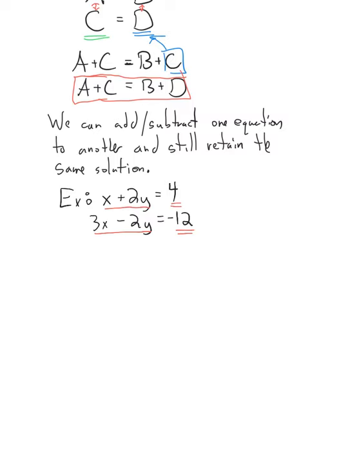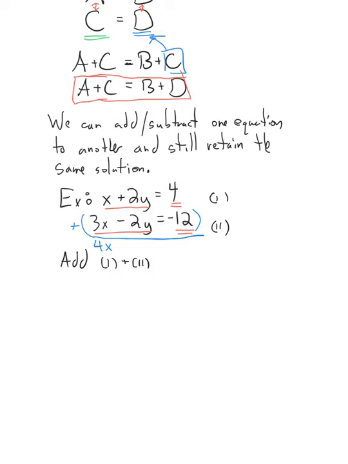So let's see what happens when I add, and again, let me label these. I'm going to add equations 1 and 2. So I get x plus 3x is 4x. And here's the key. This is the thing that's important. Look at this. Plus 2y minus 2y is 0y, or just 0.